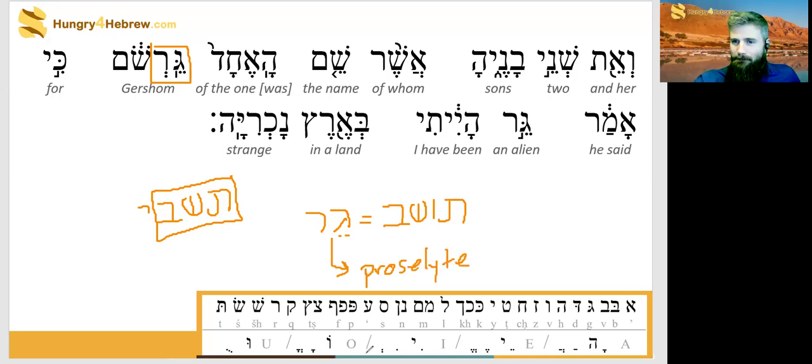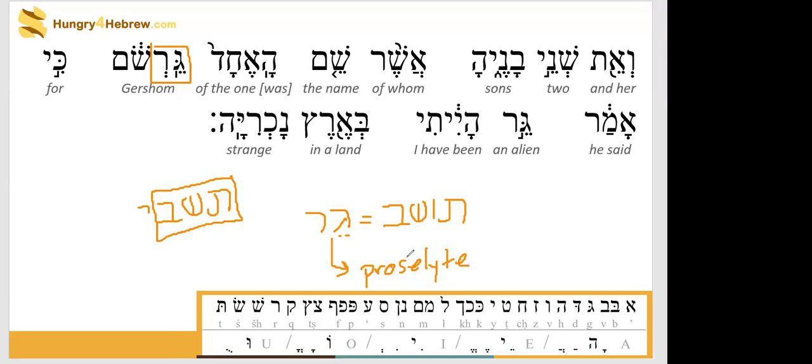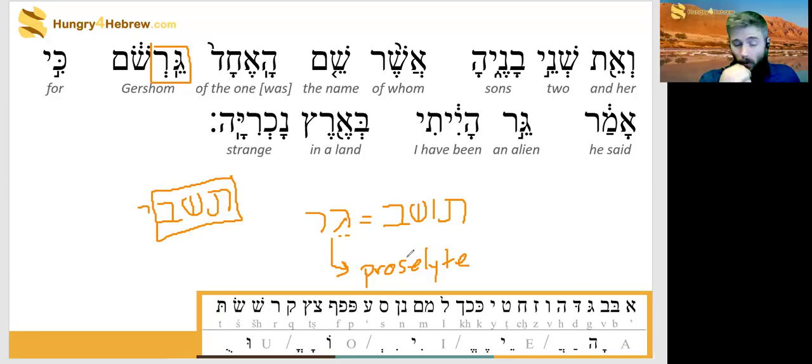Proselyte. A proselyte. And apparently in Greek, and I'm sure I misspelled this, a proselyte is supposed to be Greek for one who is living in a different place. But what did it come to mean? A convert.